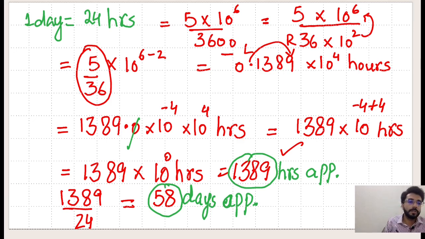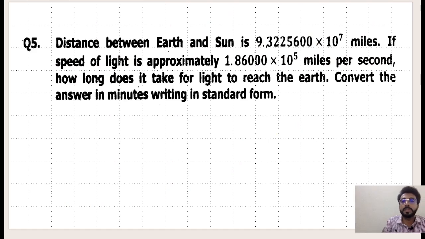So move to the next question, the last question of this exercise. The distance between Earth and Sun is given. First of all, we have been given a distance in miles. If speed of light is given in miles per second, how long does it take for light to reach the Earth?